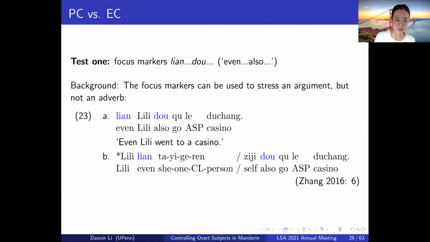And now we will use 4 tests to show that those elements are only adverbs under exhaustive control verbs. And the first test is the focus markers, even, also. They can be used to stress an argument in between, but not an adverb. So even Lily also go casino is grammatical, but Lily, even she one person or self also go casino is bad.